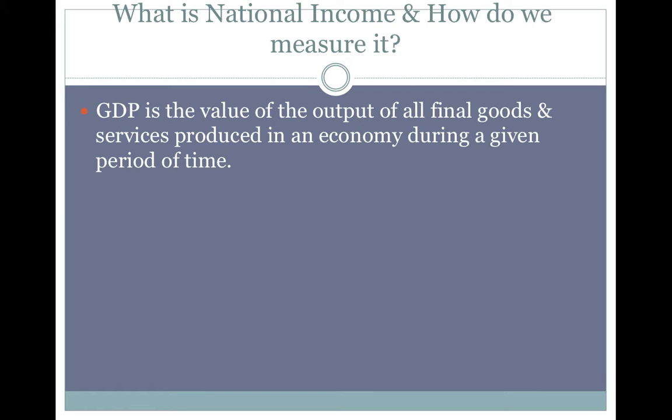In Germany, for example, maybe last year it was 3.2 trillion euros, and now it's 3.4 trillion euros. So you can see that the German economy has grown a little bit over the past year. Because GDP has gone up, national income has risen, and that's something to note.